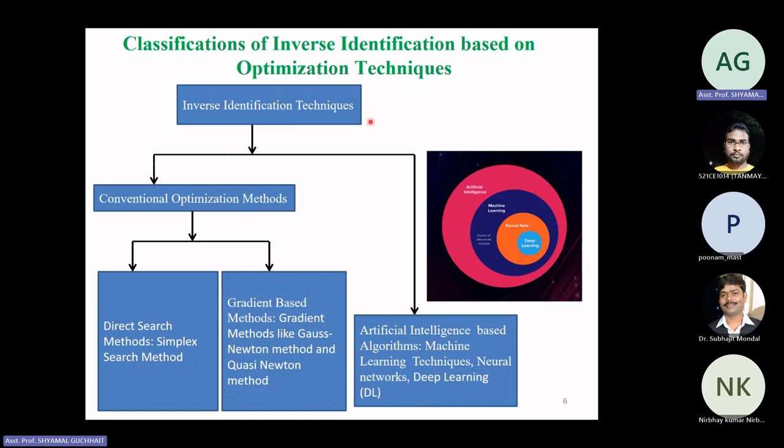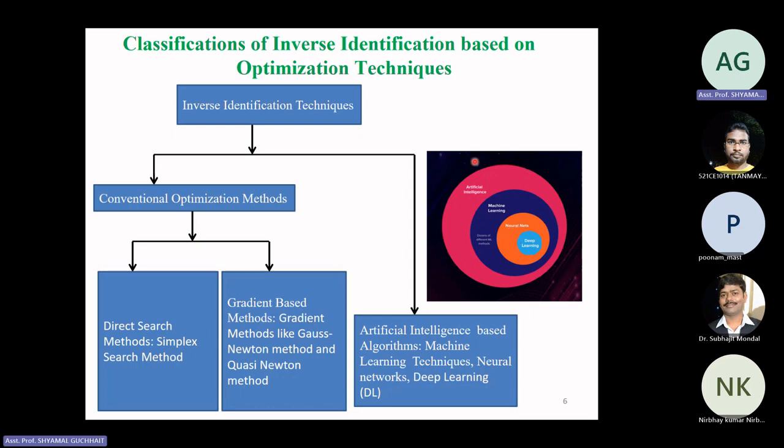And the next part is the latest, artificial intelligence based algorithms. Actually, AI is the superset. From this figure, you can see that AI is the superset. Under this, machine learning techniques come, and neural networks are a subset of machine learning, and ultimately deep learning is a subset of neural networks.